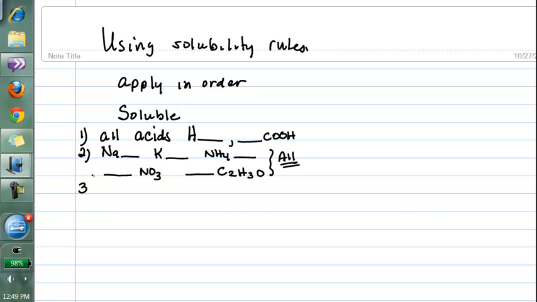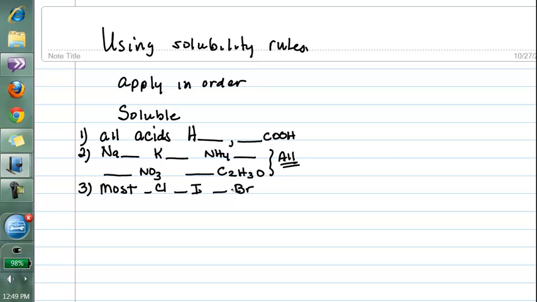The rest of the solubility rules are "most" rules. And most rules means that we've got some exceptions. So most compounds that end with chloride, iodide, or bromide are water soluble.